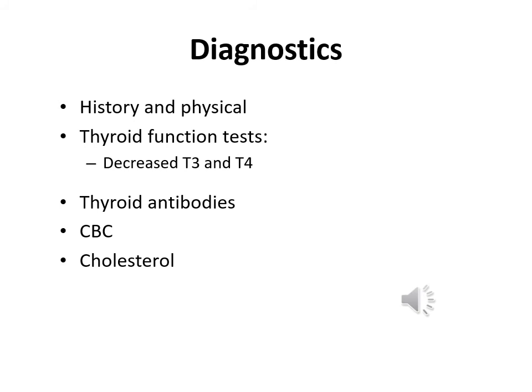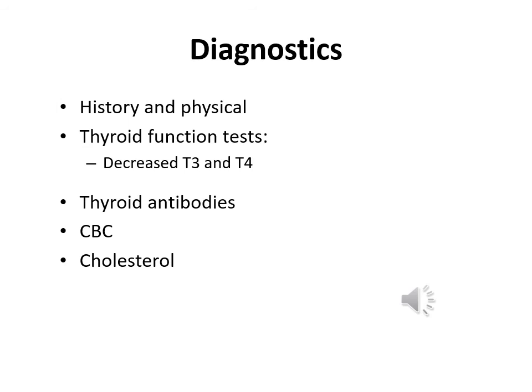Diagnostics for hypothyroidism include history and physical, and thyroid function test. Earlier in the voiceover, I mentioned that with hypothyroidism, you tend to have a high serum TSH and a low T3 and T4.